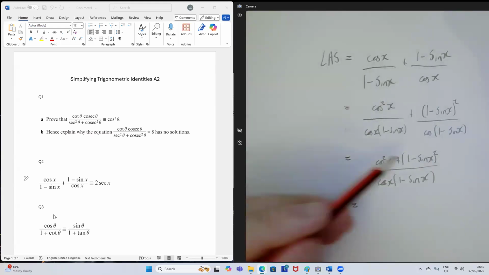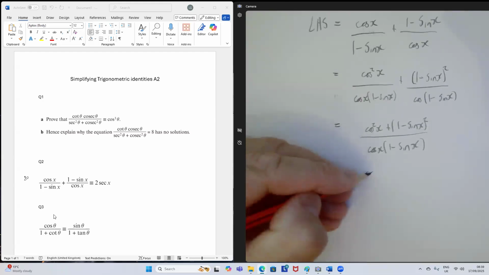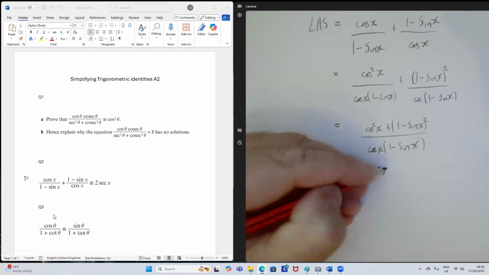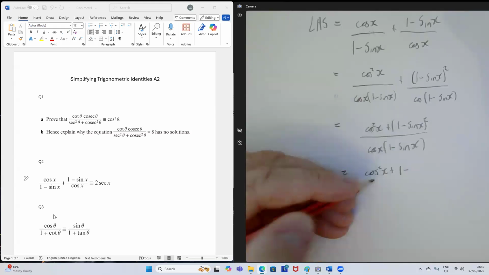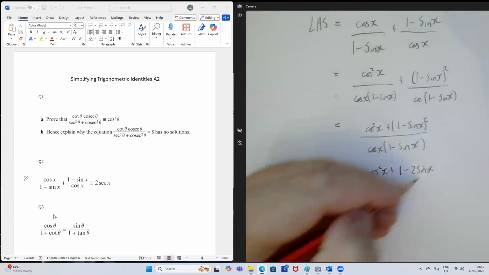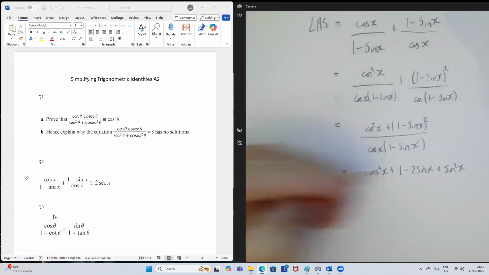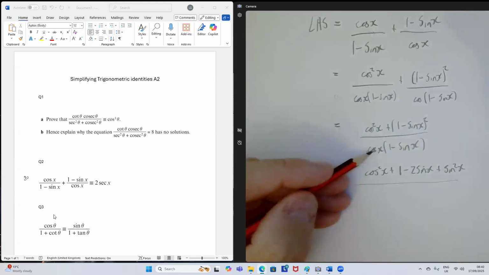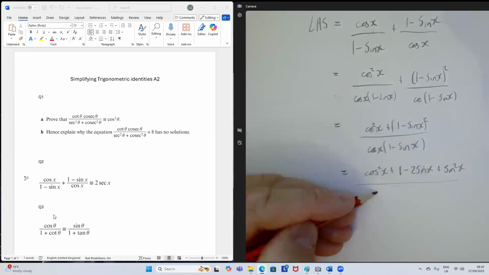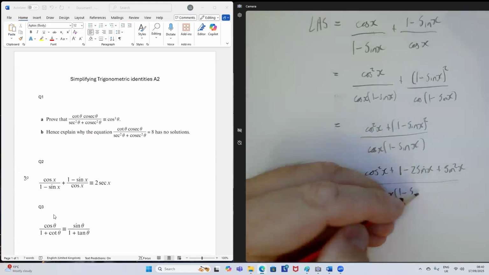Perfect. All right, where are we going to go from here now? Well, let's expand this 1 minus sine x squared. So we're going to have cos² x plus 1, minus 2 lots of sine x when we expand it, plus sine² x. And that's all over, I'm not going to expand that, I'm going to leave it factorized: cos x times 1 minus sine x.